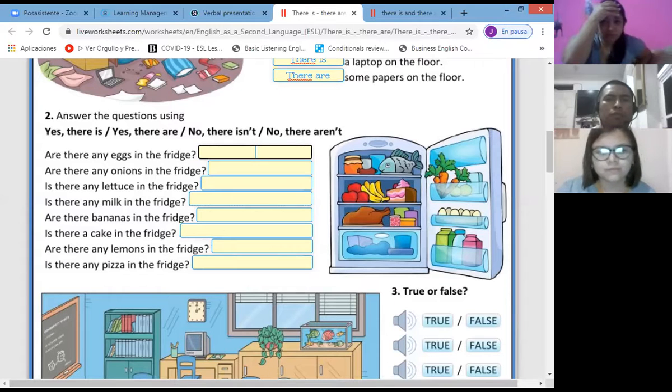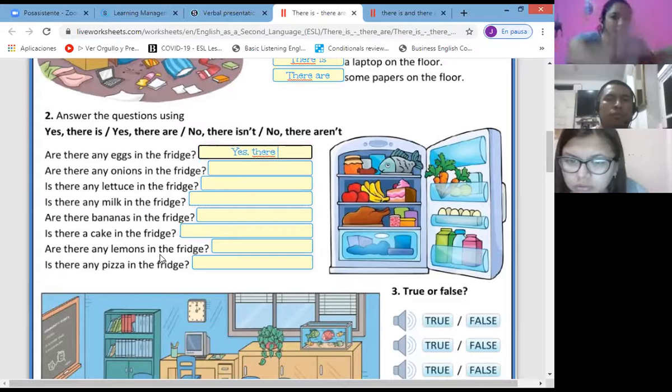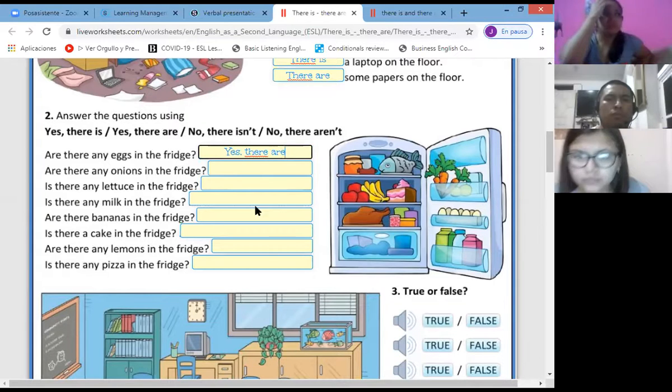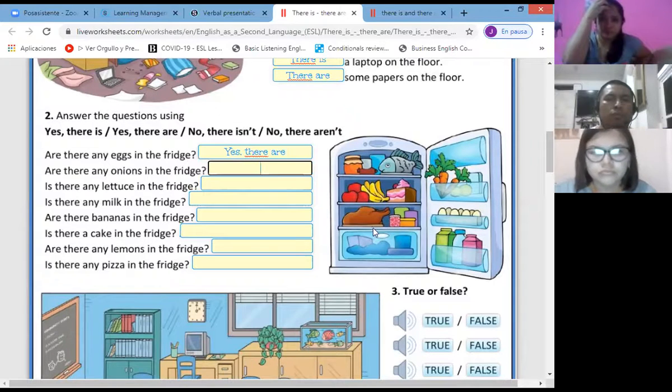What are these? Yes, they are. Yes, there are. And onions. Okay, yes, there are.